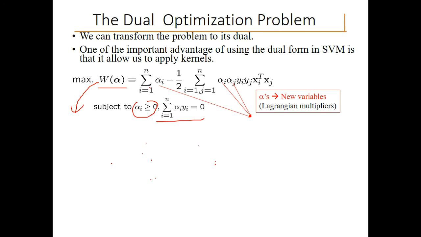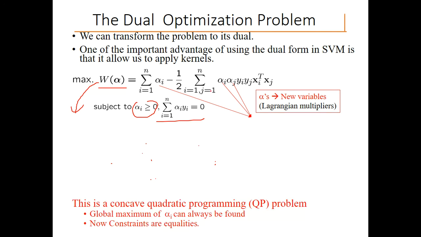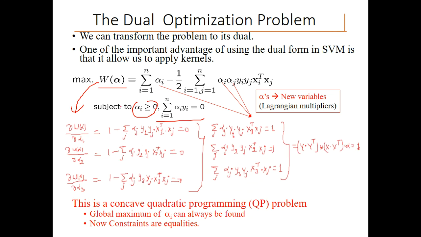So now we can differentiate this with respect to alpha and try to solve it. Now if you differentiate with respect to alpha 1, you will get 1 minus, the alpha i part will go away, alpha j will be left out.